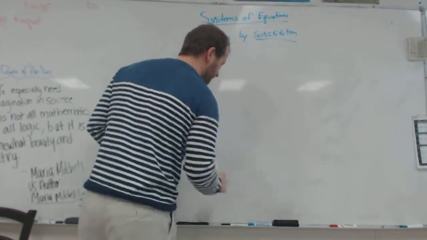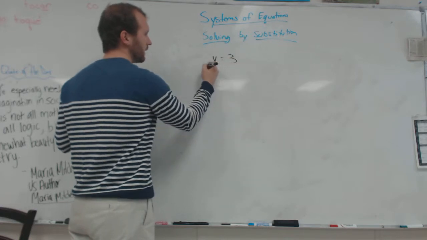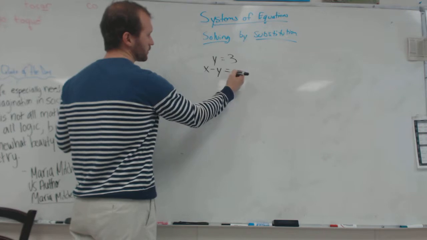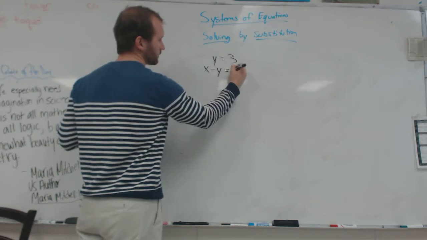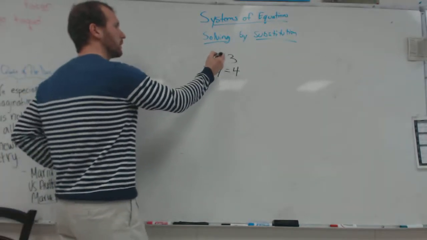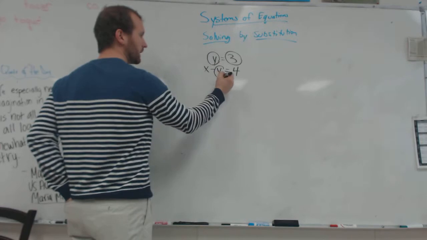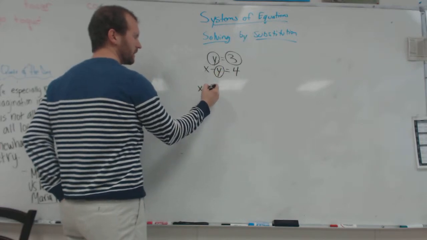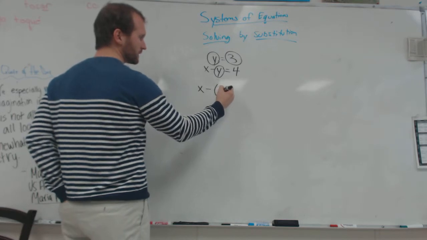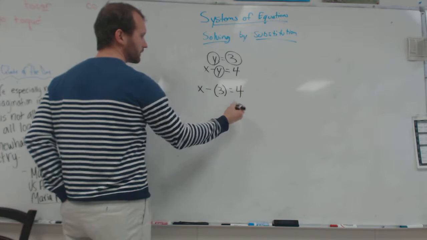But so let's do another one. What if I said y equals 3 and x minus y equals 4? So y is 3, and I'm going to substitute that in here. x minus, and I want you to get used to putting parentheses around whatever you substitute in.